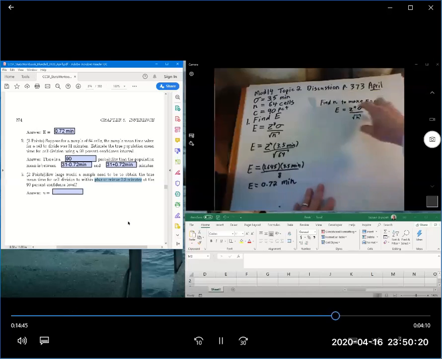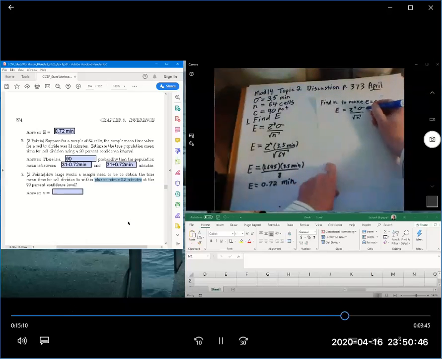There's the formula for E. It says E equals, but I want to rearrange that to make it say n equals. And then I'll plug in the numbers and find out what n is, my sample size n. So I want to try to get the n by itself. I'm going to multiply both sides times the square root of n.